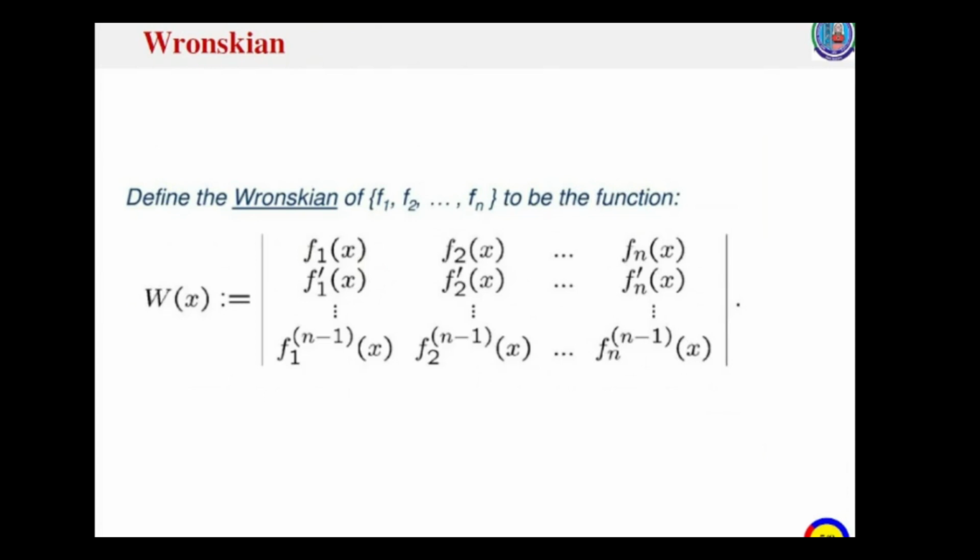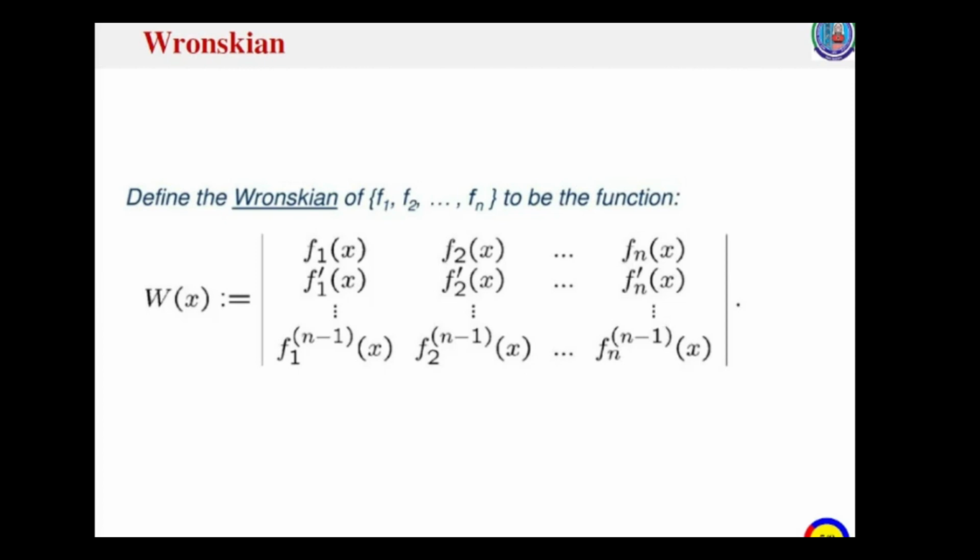So what is the Wronskian? If we are to find the Wronskian of n functions f1, f2, fn, we just find an n cross n determinant, in which the first row is f1, f2, fn, the original functions. The second row is their derivatives, f1 dash, f2 dash, fn dash.